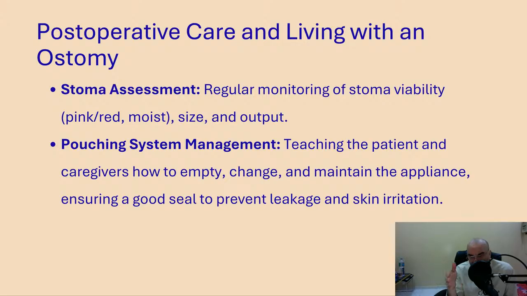Regular monitoring of the stoma viability: the color, which is supposed to be pink to red, so it's not blue, it's not yellow, it's not black; the size and the output. It is important here to make sure that the patient is able to use the pouching system, and now there are variations, either one piece or two pieces.